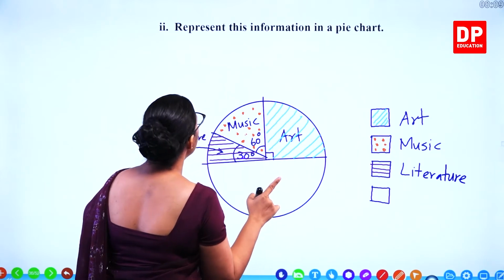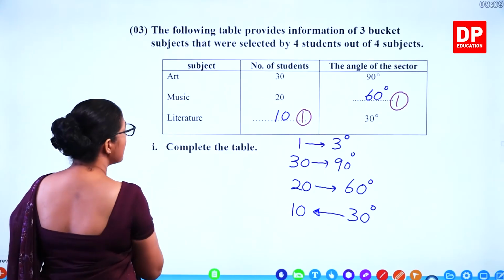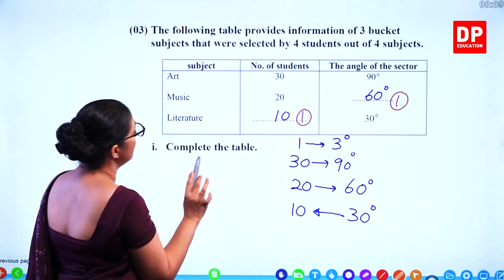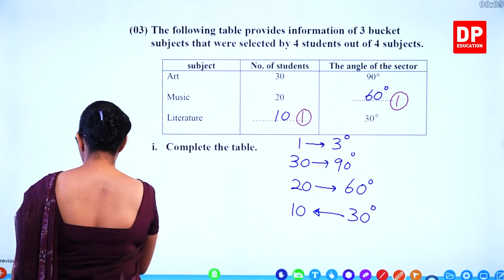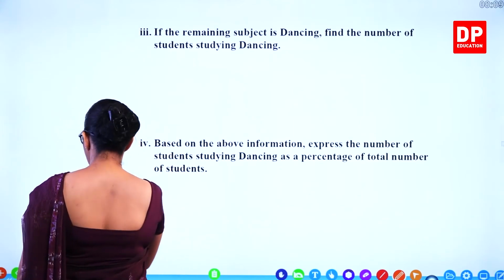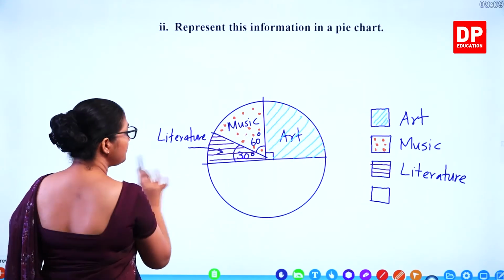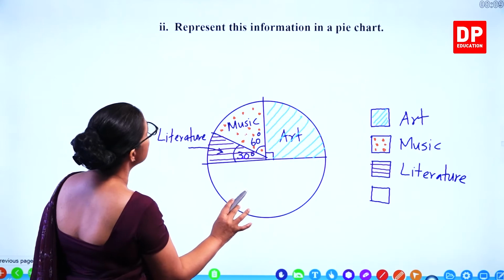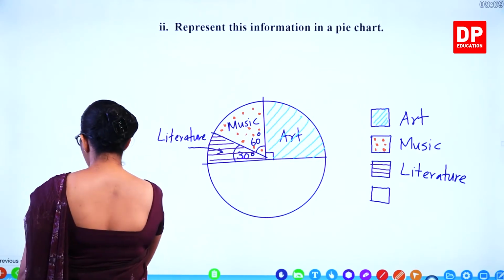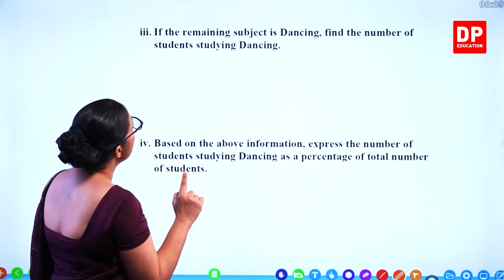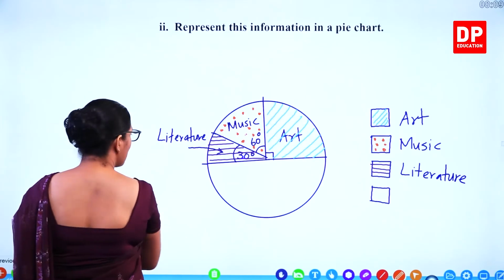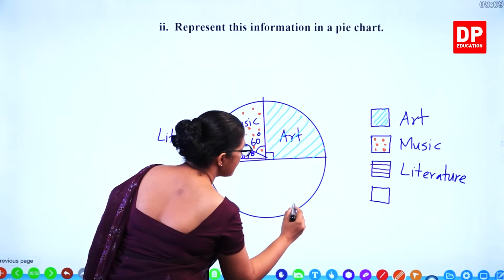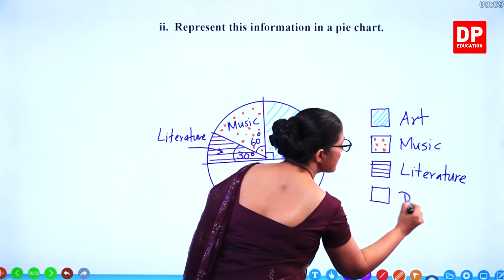And what about the other one? It says nothing mentioned here. What is the other subject? You can't label that one. So here we'll keep it like this and see what the other part is. If the remaining subject is dancing, so you have to think this is dancing. The blank one is dancing.